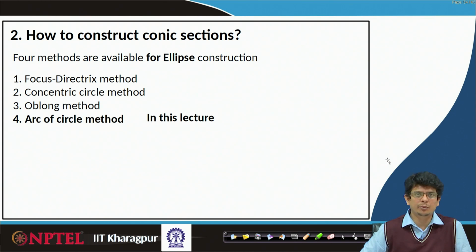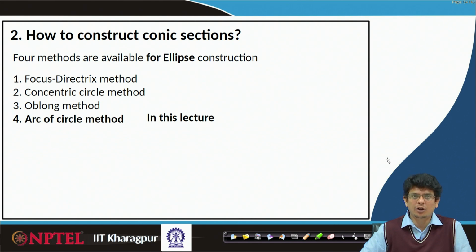In the focus directrix method, we know the directrix and eccentricity, equally divide the distance between any point on the curve by an equal number of divisions, draw 45 degrees lines and intersect them and construct this ellipse. In the concentric circle method, we have major axis, minor axis, and we draw two concentric circles. By horizontal and vertical projections on an equal number of divisions, we will construct this ellipse.